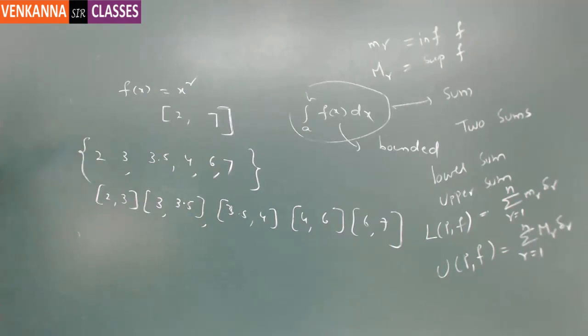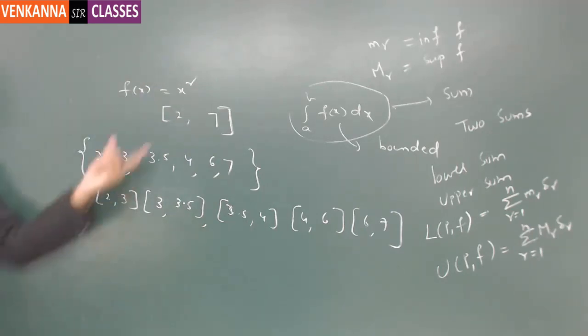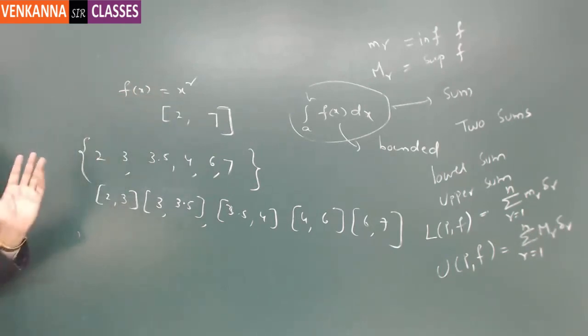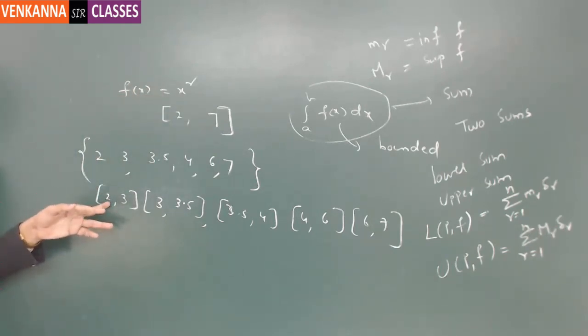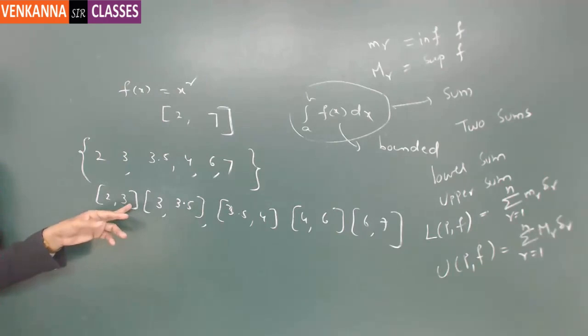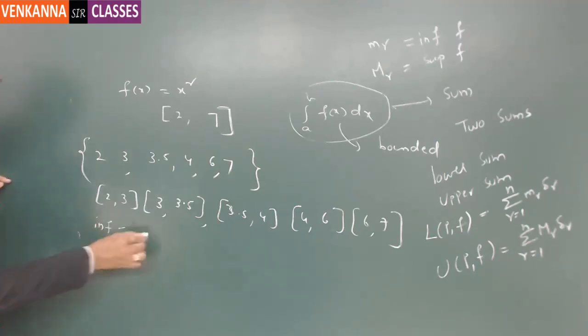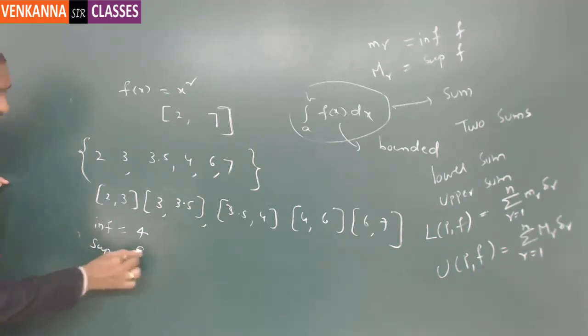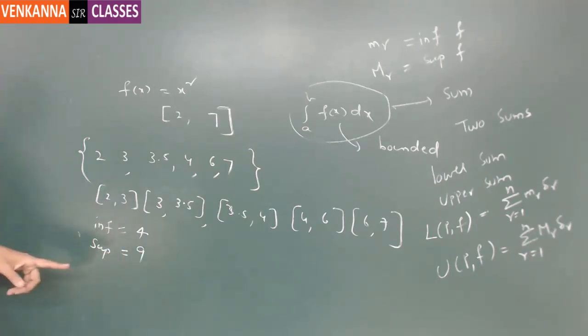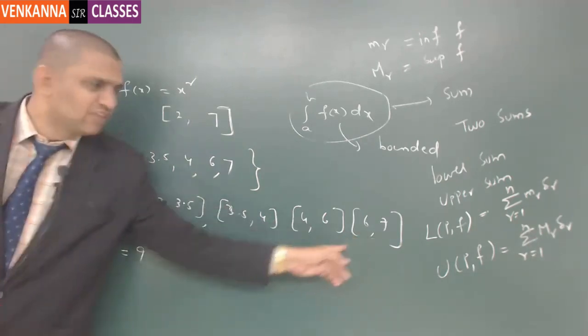Now, for each subinterval, if you calculate the function values using x square, you will get the infimum as well as the supremum. Since x square is an increasing function, the first number 2 gives the infimum and the second number 3 gives the supremum in this case. So here infimum of f is 4, since 2 square is 4, and supremum of f is 9. So you are going to calculate for each and every interval here.